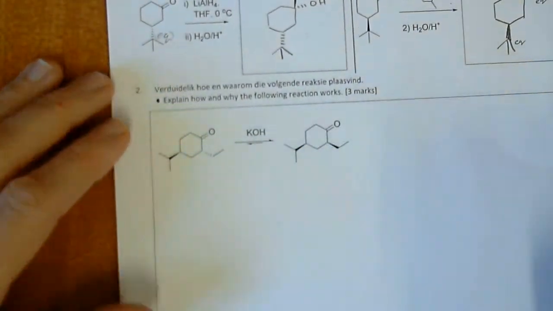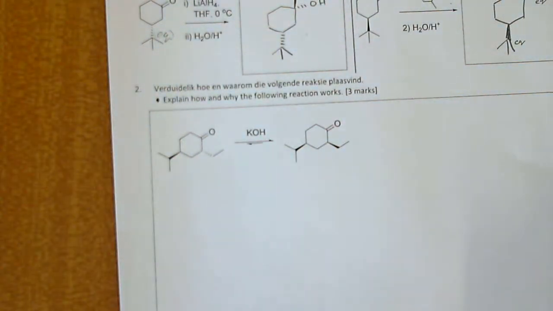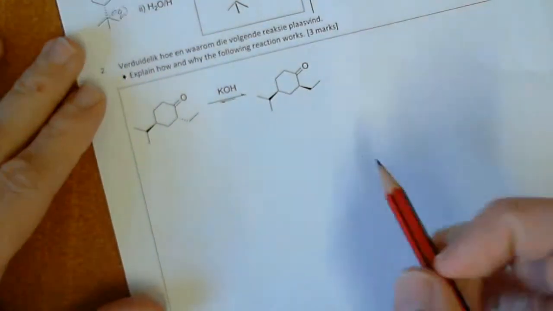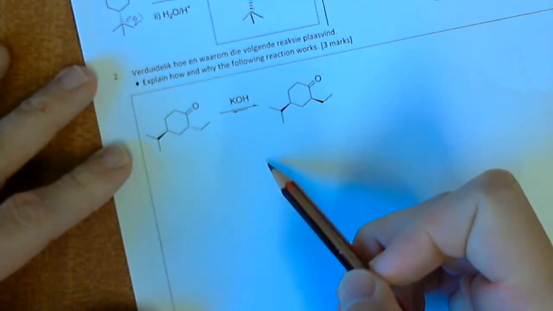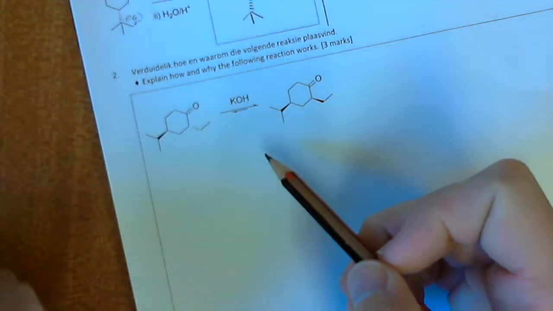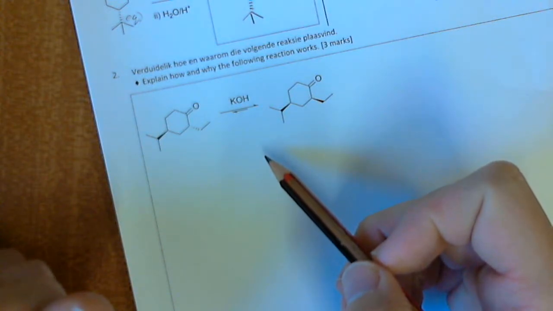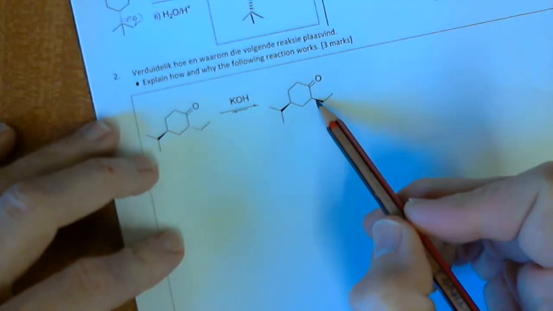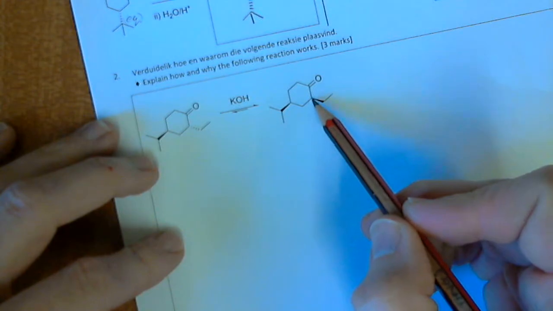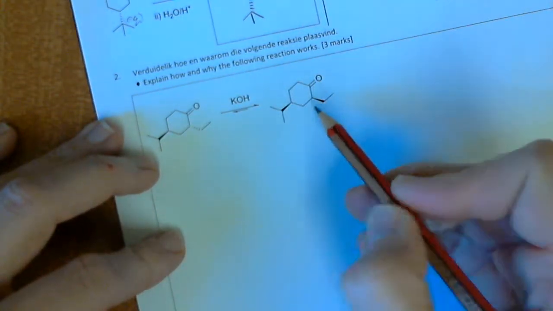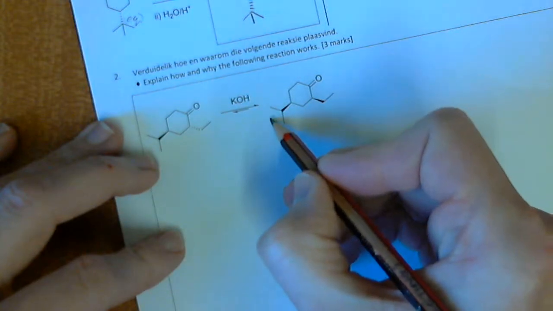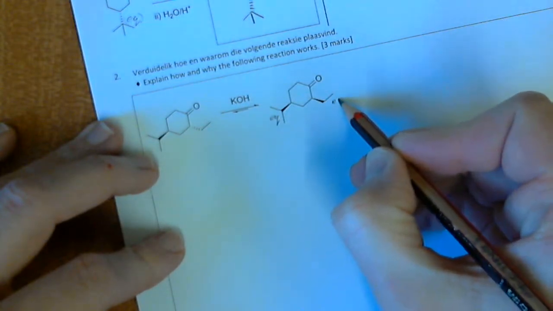This question over here, I think a lot of you spent more time on it than you actually needed to. All I was looking for is the recognition that this chiral center is changing. It's changing because an enolate is being formed, and because the product is the most thermodynamically stable one, where both groups are in an equatorial position.